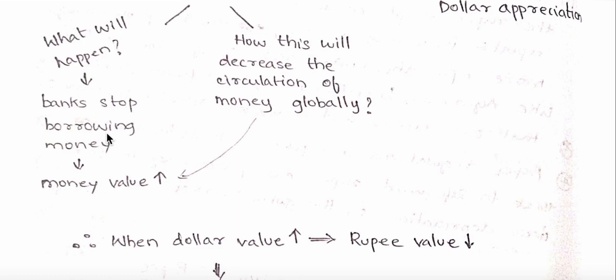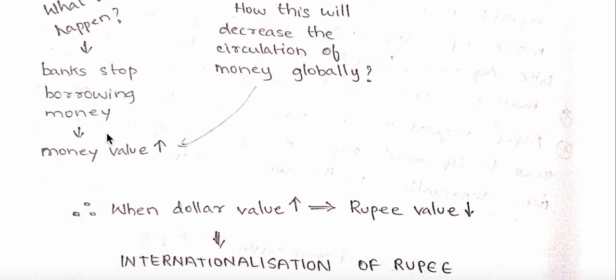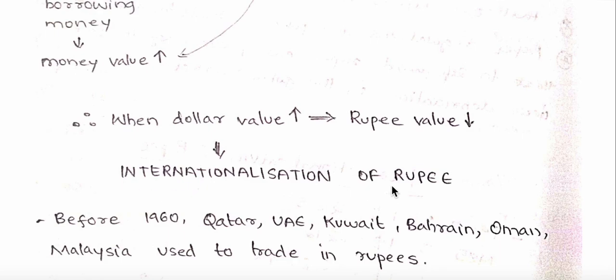That means our money value, the Indian currency, is decreasing more and more when the dollar value is increasing. This is happening due to trade imbalances, and the other main reason is because we trade in dollars. From there comes the new idea called the internationalization of rupee.